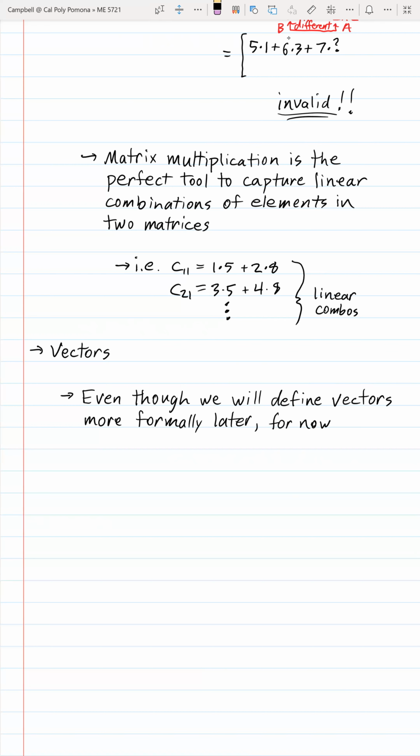for now, we're just going to say that a vector is a list of numbers.